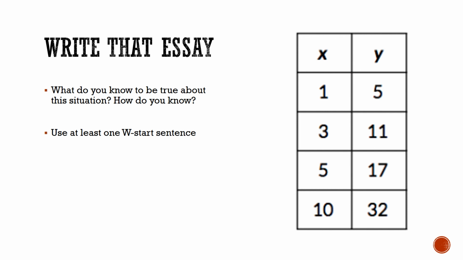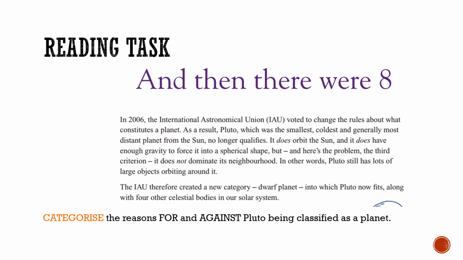Okay, and once you have done that, I'd like you to have a read of this paragraph here, and this is a practice in categorizing information. So reading a piece of text and identifying the important information, and then being able to create a for and against argument. So in 2006, the IAU voted to change the rules about what constitutes a planet. As a result, Pluto, which was the smallest, coldest, and generally most distant planet from the Sun, no longer qualifies.